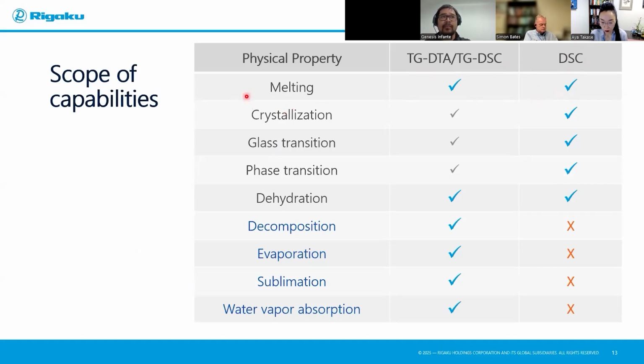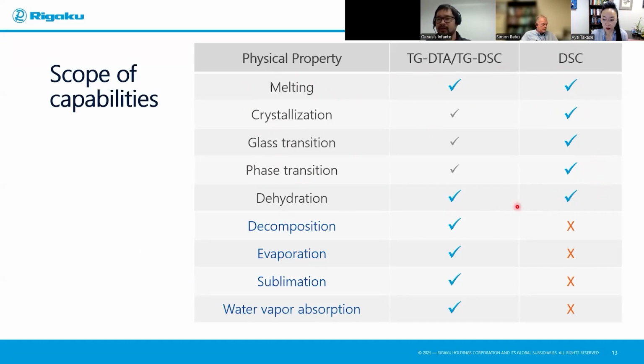If you're looking at melting, for example, both of these techniques are very well suited for it. Crystallization, glass transition, phase transition: in a technical sense, both of these techniques can be applied. However, DSC has a slight edge since you can gain a little more information from that particular reaction.